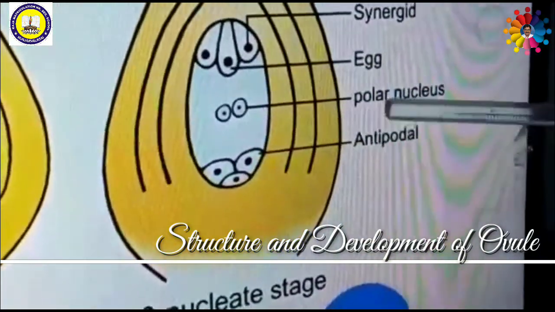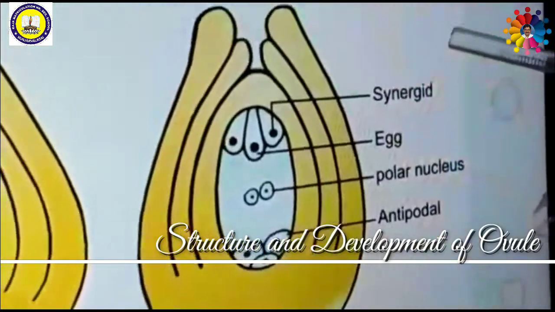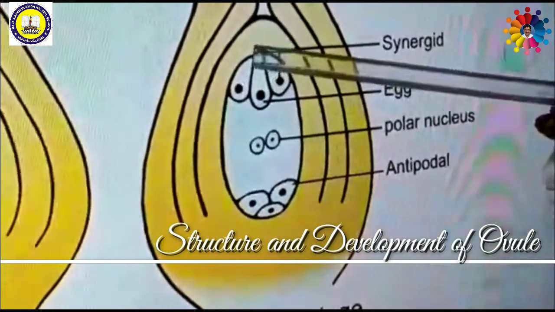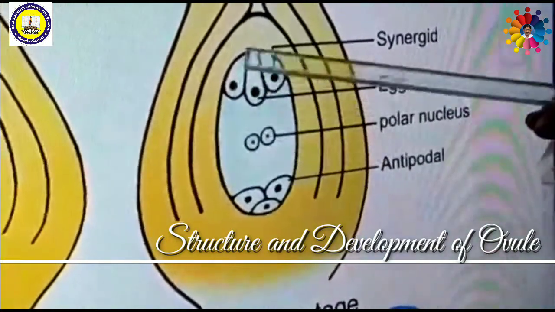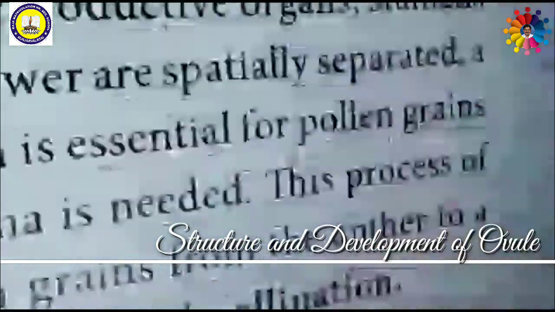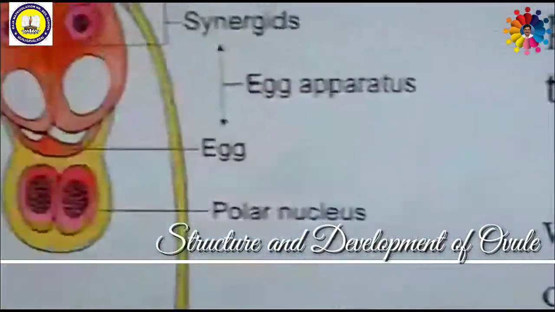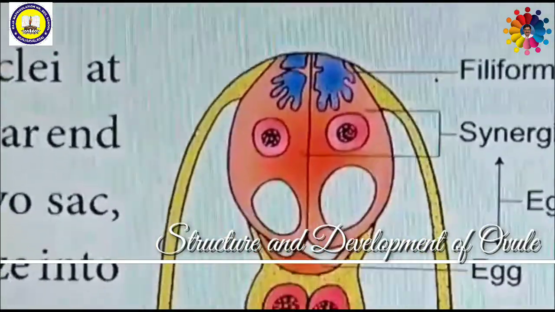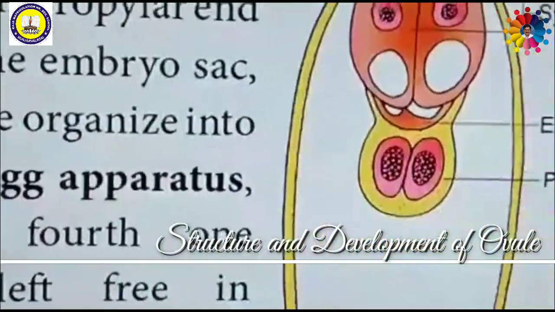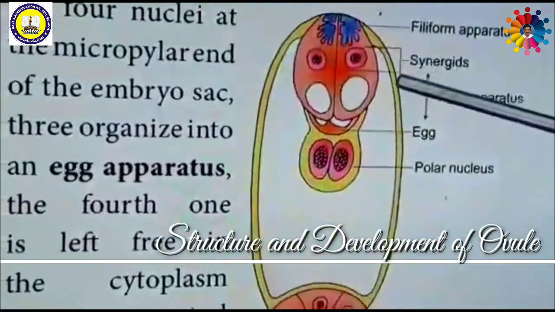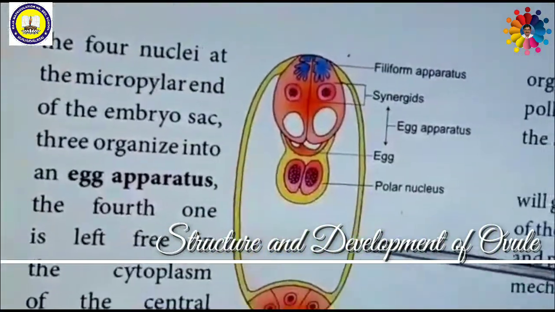Another important diagram, very important from the examination point of view, is the structure of the ovule. The enlarged part of this embryo sac I shall show you separately here. This is the structure of the embryo sac. See here, this has 7 cell stage, 8 nuclei.